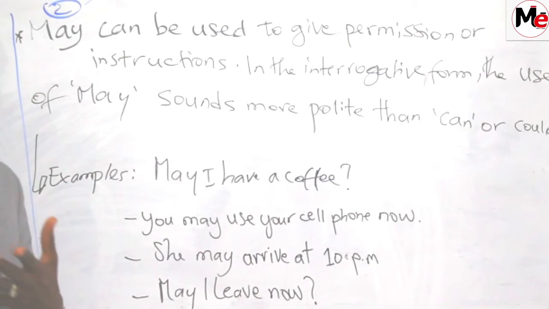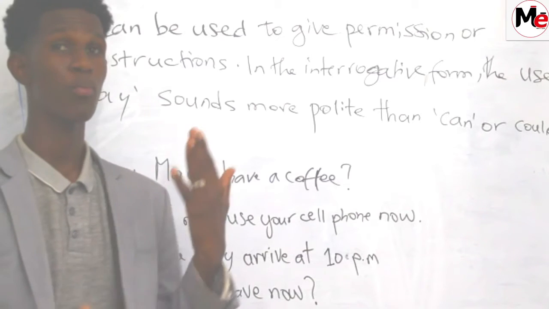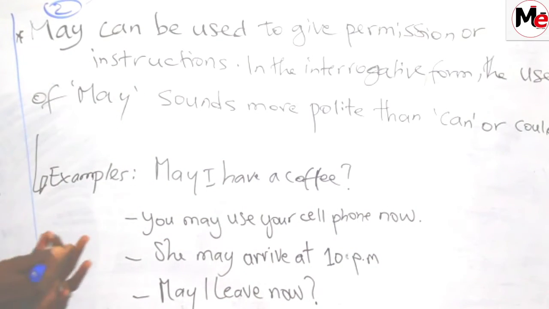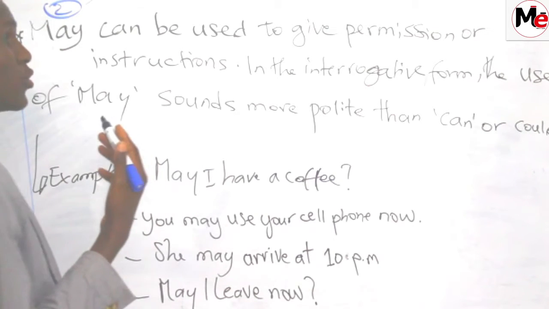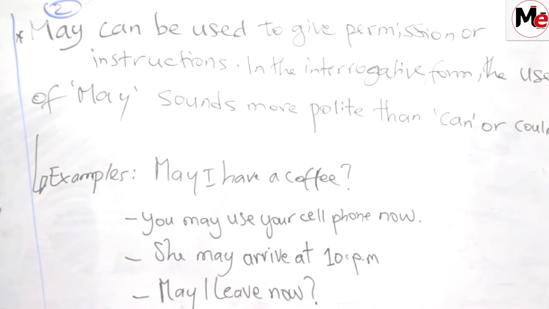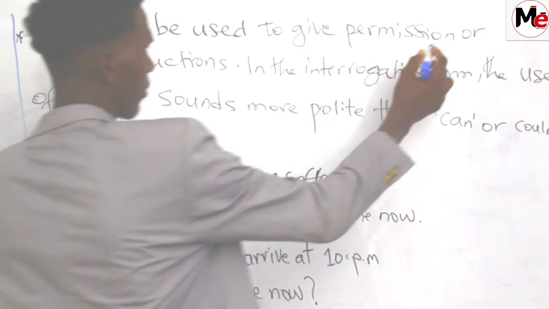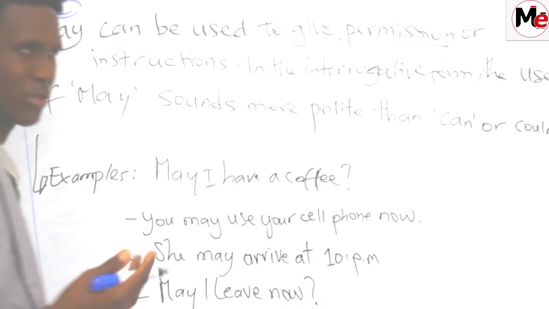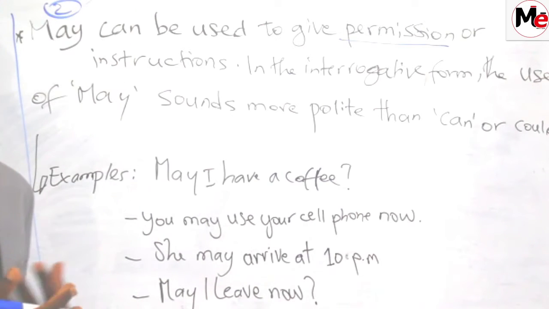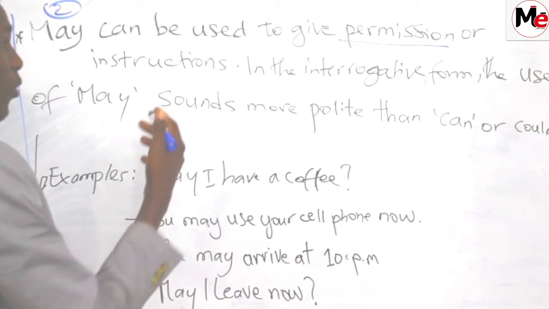So first, we said that may can be used to talk about possibility, and second, may can be used to give permission or to request permission. Permission is allowing someone to do something, or to have the ability to do something, by a request. This is permission or instructions.